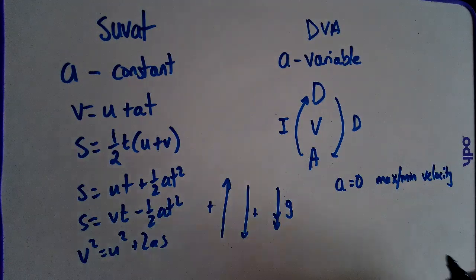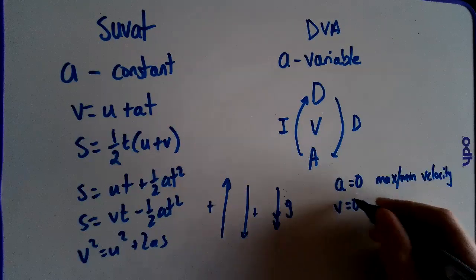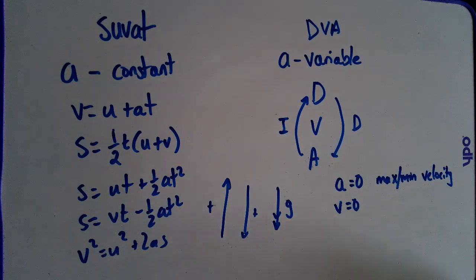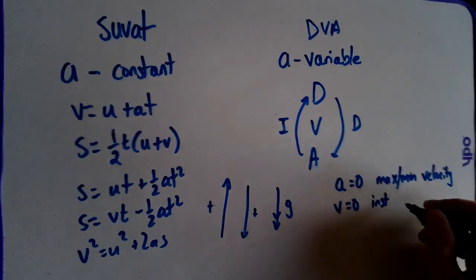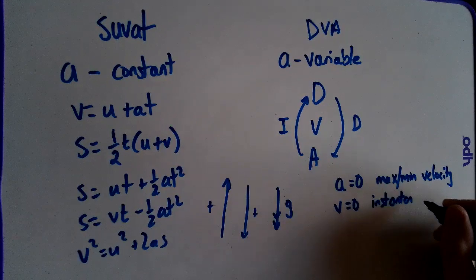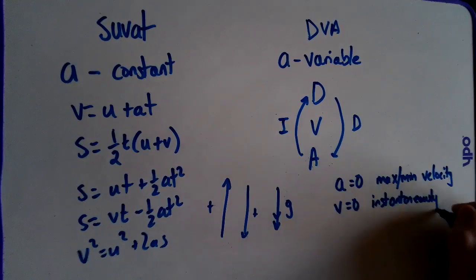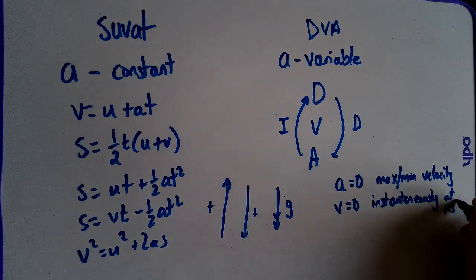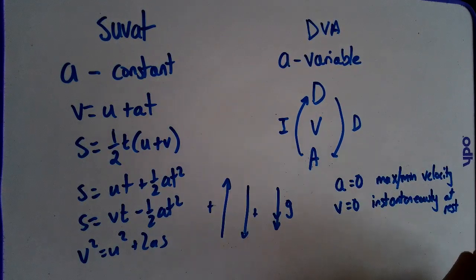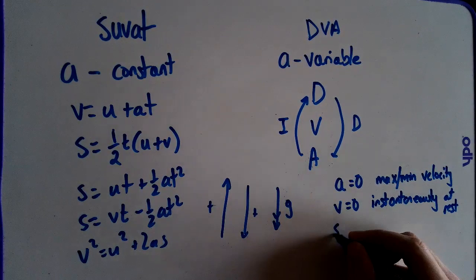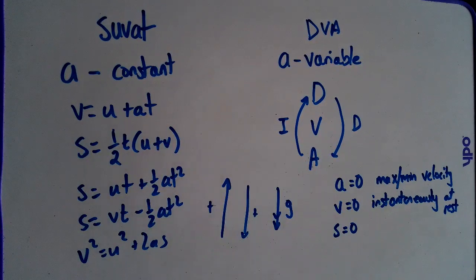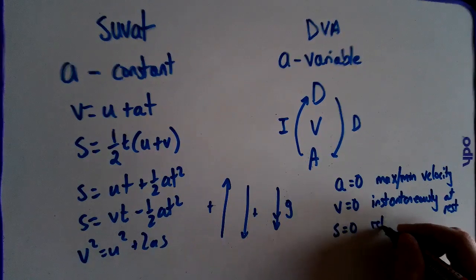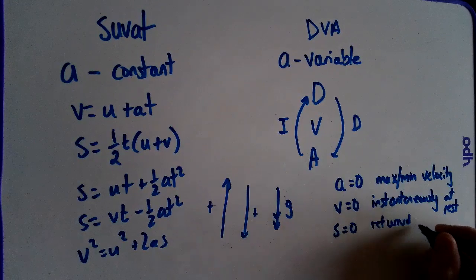We have that if v is 0, then that means there's no velocity, so it's instantaneously at rest. So that means it's not moving in that specific time. And if s is 0, then that means it's returned to where it started.